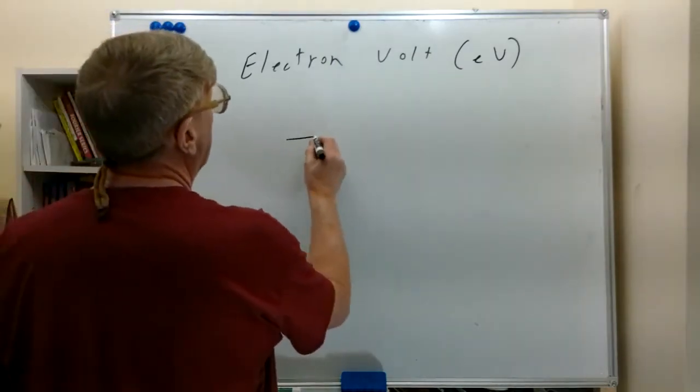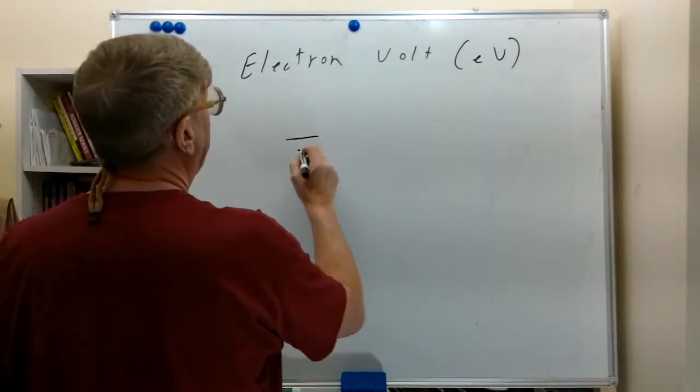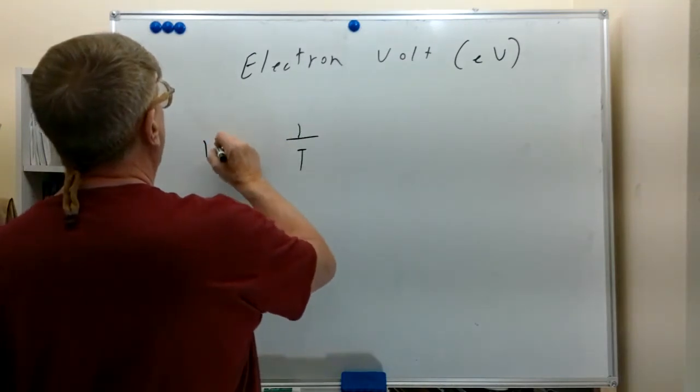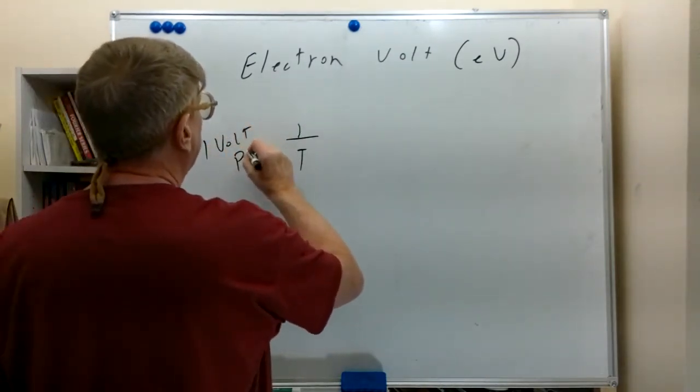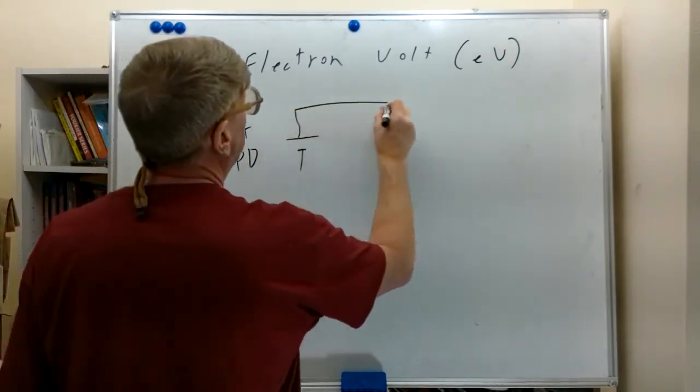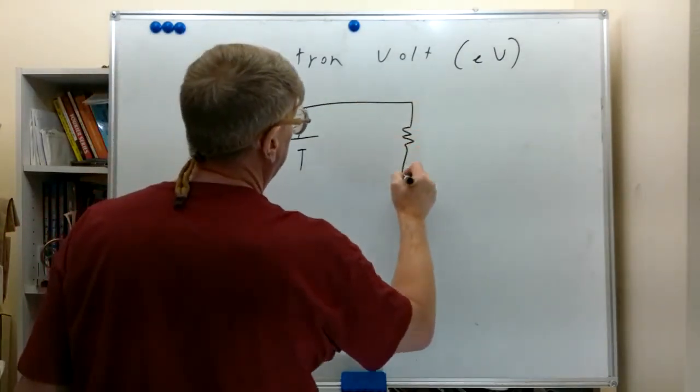So we're going to draw our battery again. We're going to call this a 1 volt potential difference, and we'll move it through some unknown resistance.